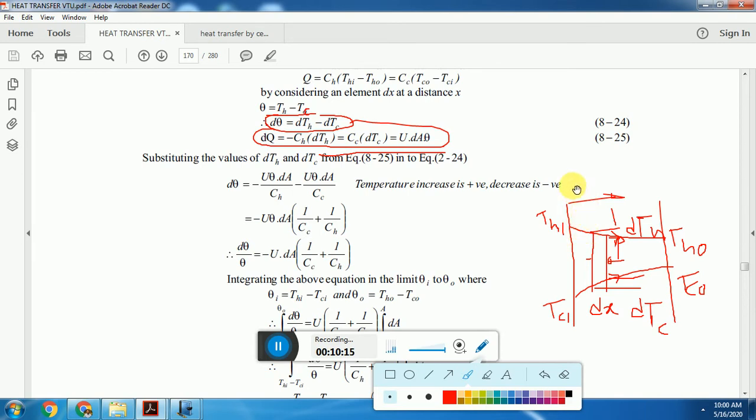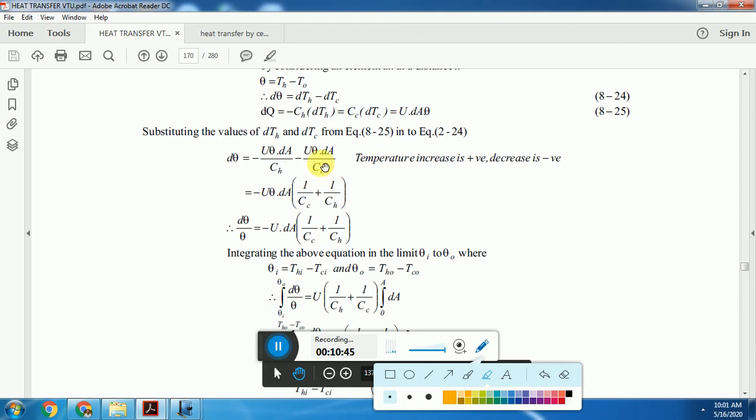As we move along this length, dTh reduces, temperature of hot water reduces, therefore here it is taken as negative, that is minus Ch into dTh. dq is equal to plus Cc into dTc, that is for the cold fluid. They are same. Heat transfer from the hot fluid is equal to heat transfer to the cold fluid.